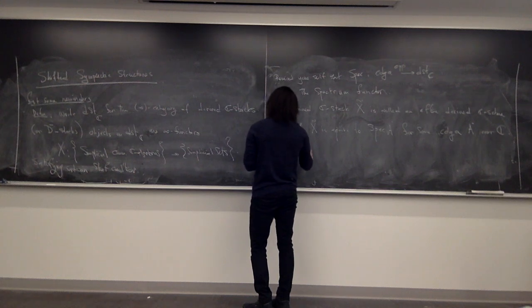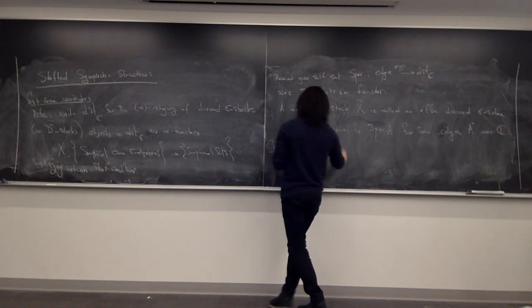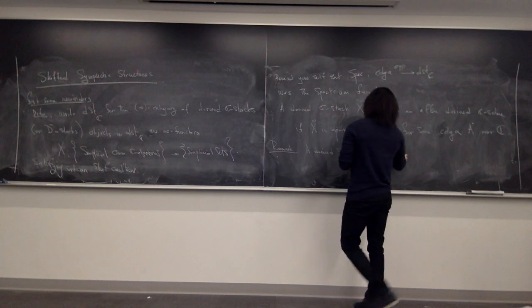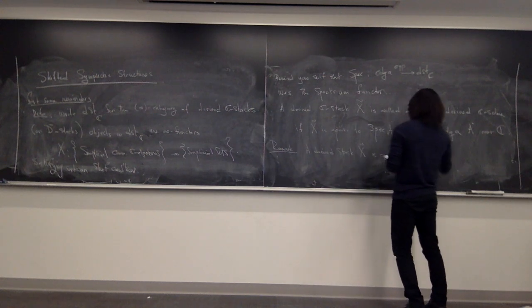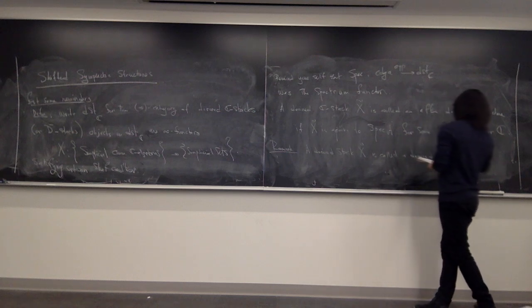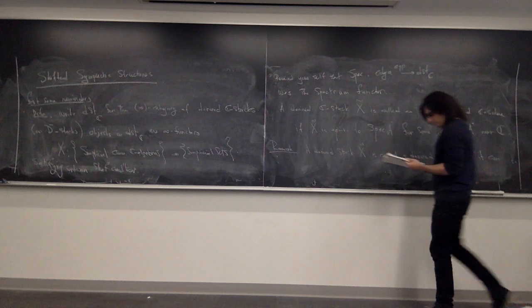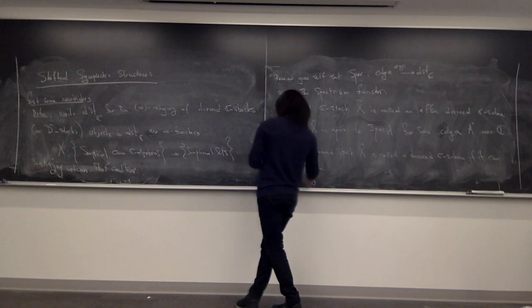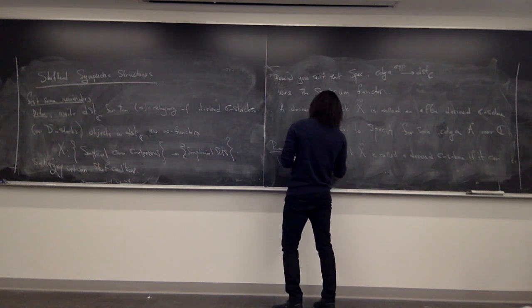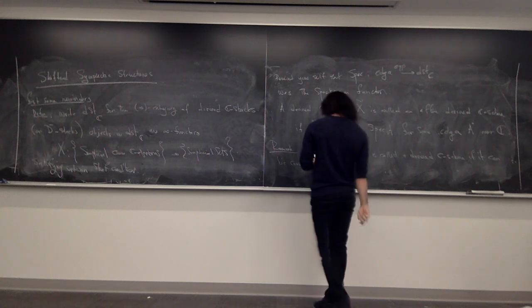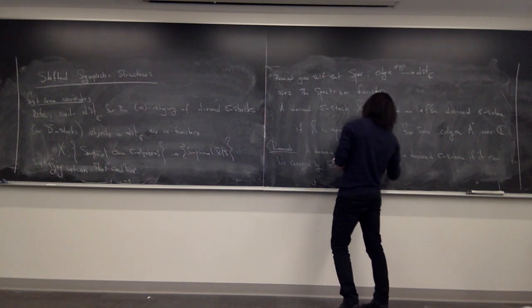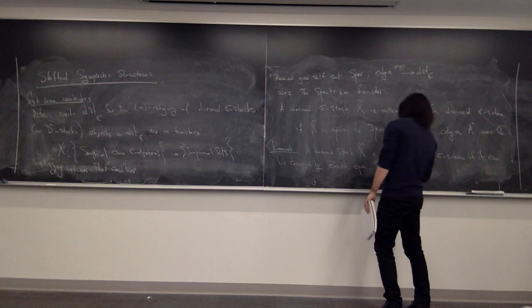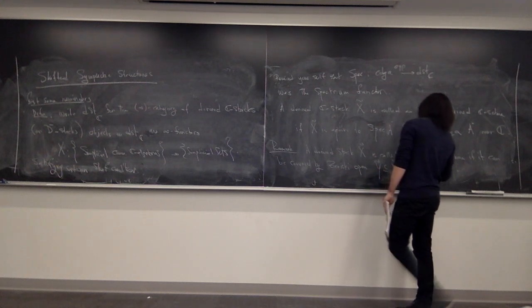A derived stack X tilde is called a derived scheme, a derived C scheme, if it can be covered by Zariski open Y tilde inside X tilde with Y tilde derived affine schemes.